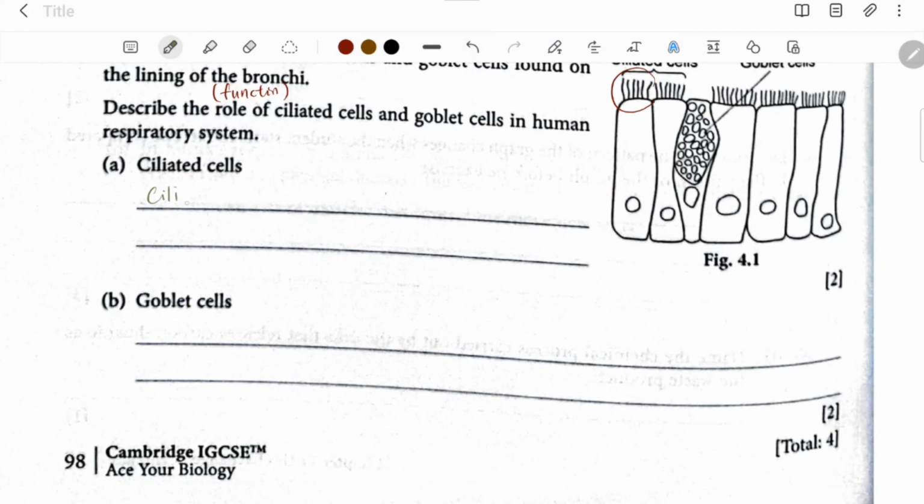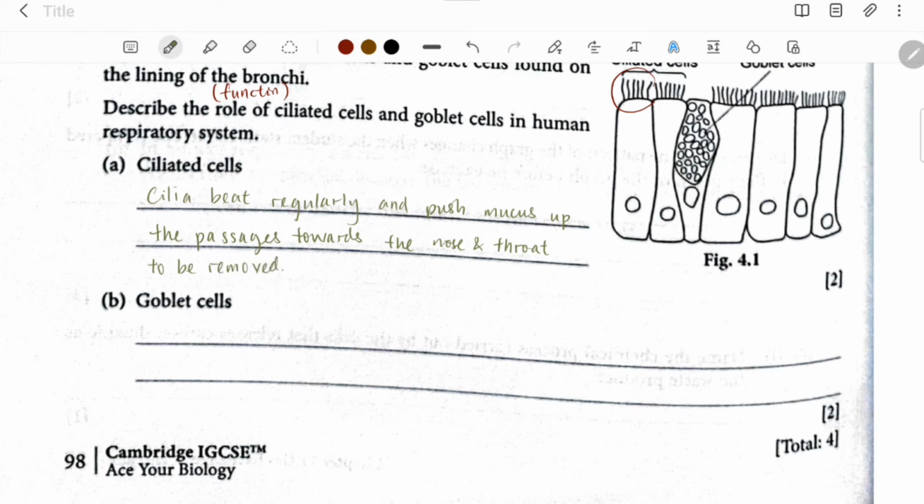So cilia beat regularly and push mucus up the passages towards the nose and throat to be removed.